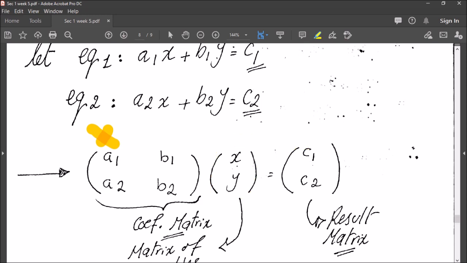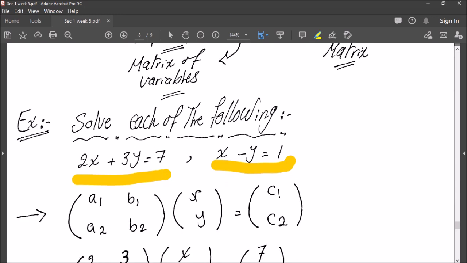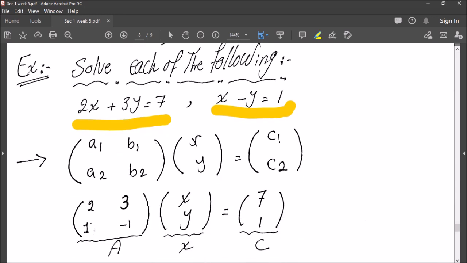Let's take an example. Solve the following: 2x plus 3y equals 7, x minus y equals 1. So let's set up our matrices: coefficient matrix, variable matrix, and result matrix. What's the coefficient of x in the two equations?